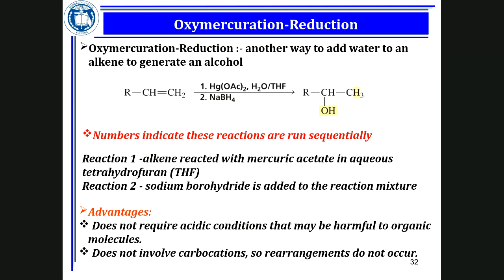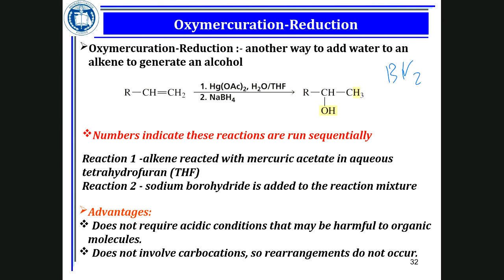Okay, next reaction. We talked about hydration, adding water directly with acid catalysis. We talked about halogenation, adding Br2, where we add Br to one carbon and Br to the other carbon.